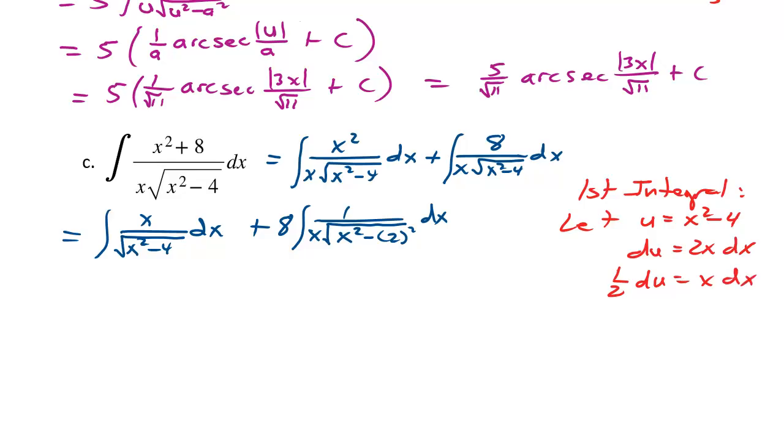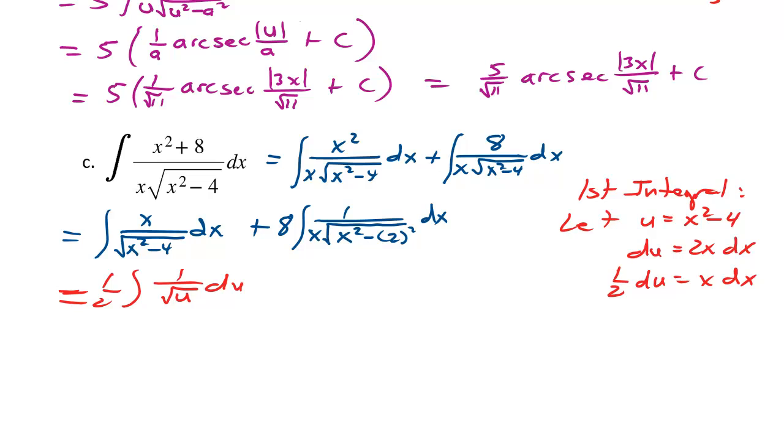All right. So that first integral turns into 1/2 of 1 over root u du. Okay. Which when we rewrite that, it'll be a relatively easy integral to solve.